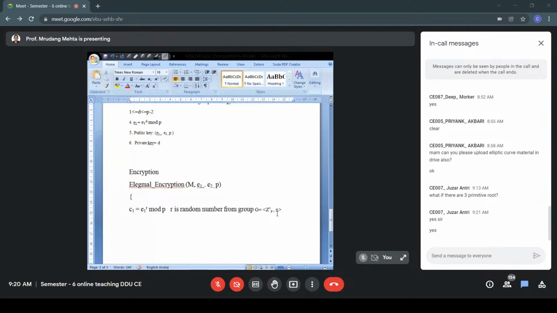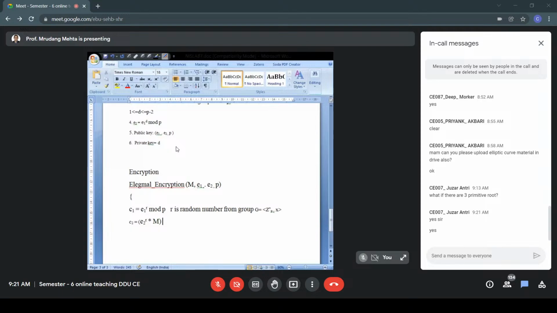There is another ciphertext which is going to be generated, that is C2, and C2 is equal to E2 raised to R into M mod P. This is our ciphertext.